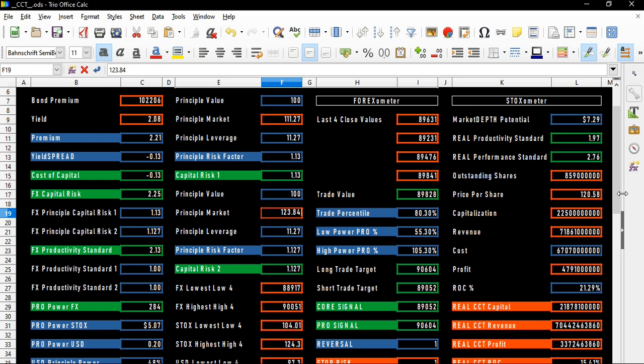And we're going to put those fundamentals in, and I'm going to demonstrate with this STOXometer the accuracy of the CIS-CCT and the Quorum's capitalism theorem for capital management and capital performance, how accurate this pro calculator is at determining what decision we really need to be making in the market, where a value really is in a stock, whether it's higher or lower, based on their current performance.